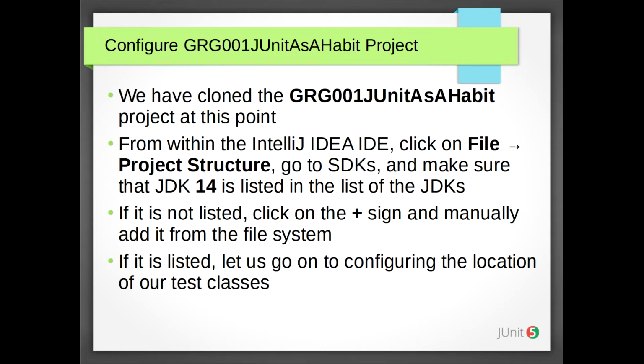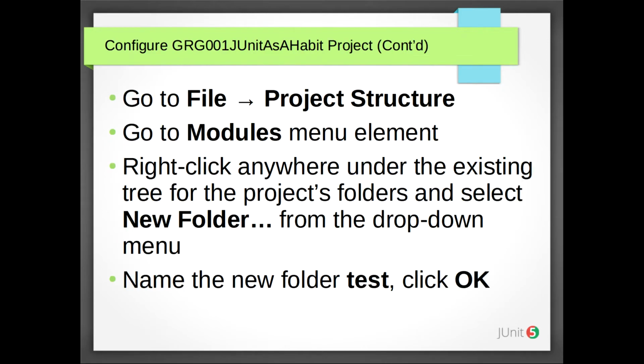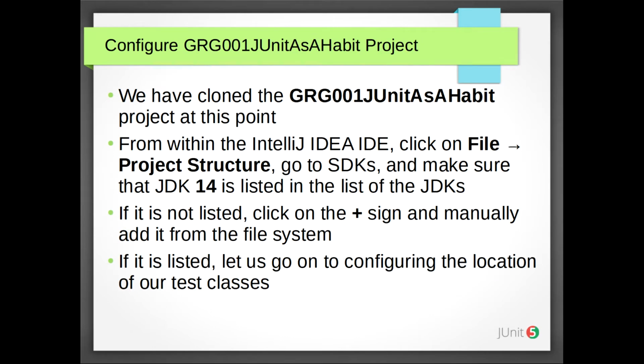It may be listed correctly, in which case you're done. It may be listed, but the path could be wrong, in which case you have to correct the path, or it may not be listed, in which case you can edit. So if it is not listed, click on the plus sign and manually edit from the file system. If it is listed, let us go on to configuring the location of our test classes.